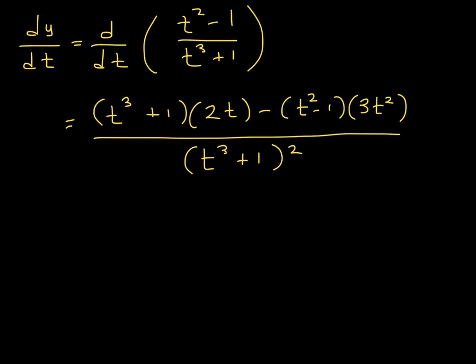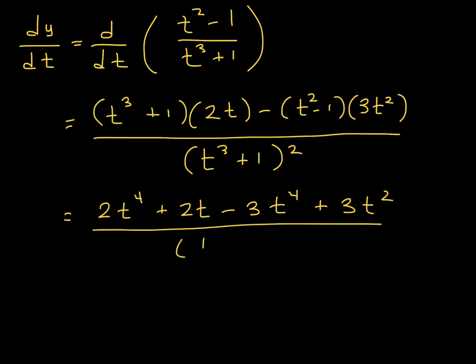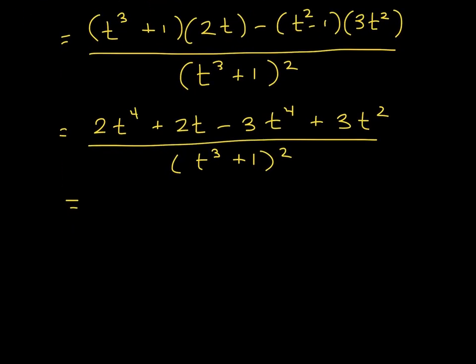Okay. So then this is equivalent to 2t to the fourth power plus 2t minus 3t to the fourth power plus 3t squared, all of this over t cubed plus 1 quantity squared. This is equal to, let's see, negative t to the fourth power plus 3t squared plus 2t.